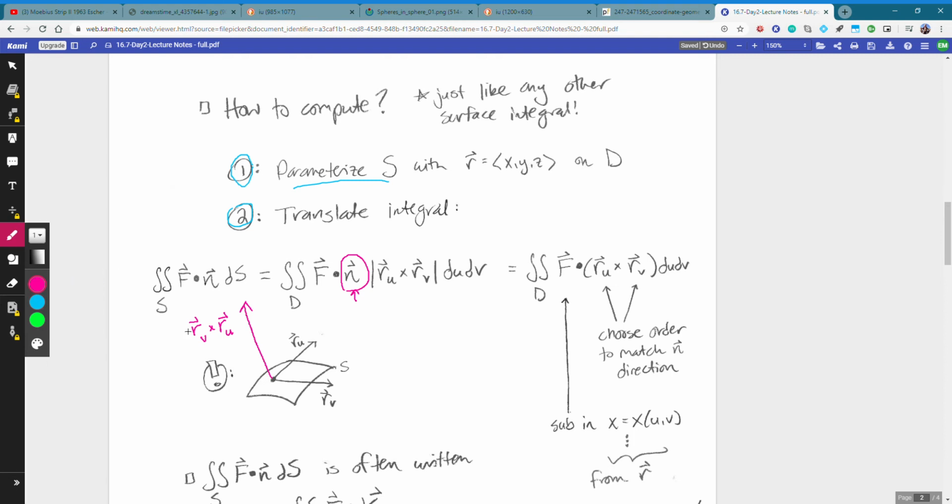And this orthogonal vector to our surface, it's probably not going to be unit length. And so in order to fix that, well, we just need to scale it by its size so that we end up with a normal vector.